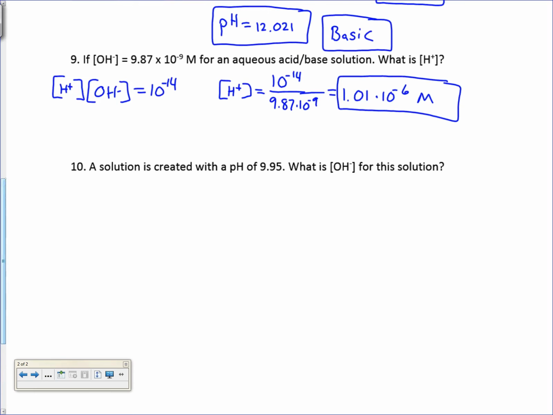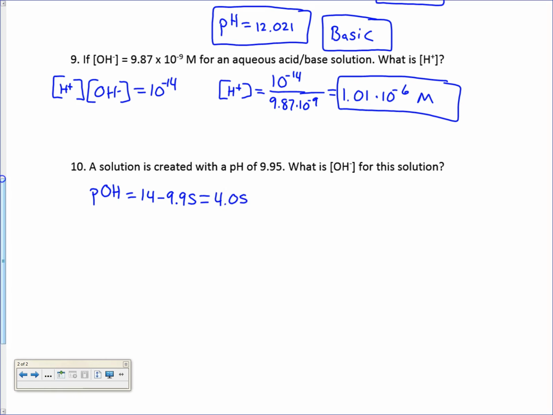For this last problem, it gives you the pH. It asks you for the concentration of OH minus. You have a couple paths for this. My recommendation is that you go from pH to pOH and then go to the concentration of OH minus. I think that makes the most sense. So if pH equals 9.95, pOH is going to equal 14 minus 9.95, which equals 4.05.